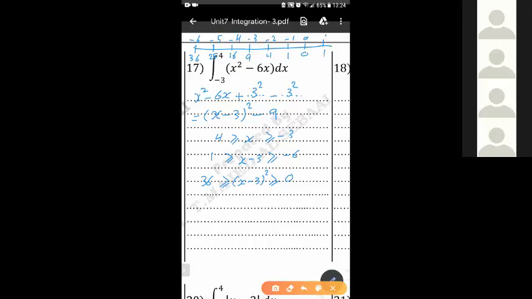And as you can see, the highest number is 36, and the lowest number is 0. We need to subtract 9 from all the sides, so x minus 3 all squared minus 9 to complete building my function. So this will be 27 because 36 minus 9 is 27, and 0 minus 9 is minus 9.